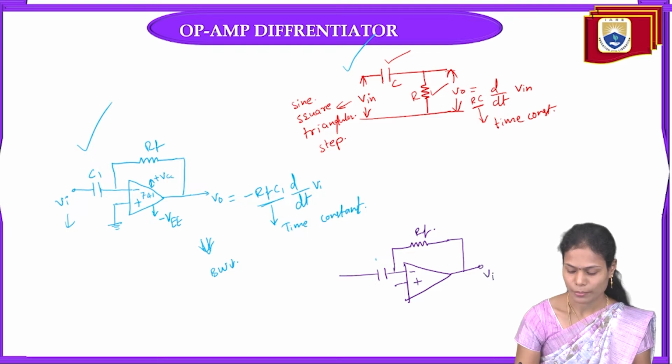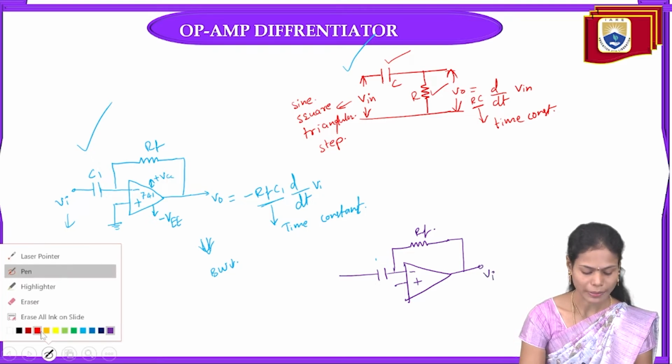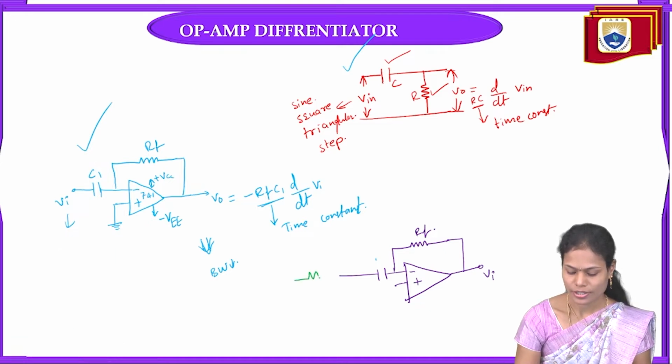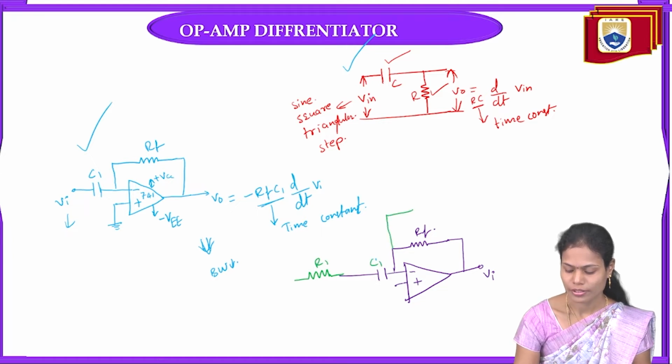This is the normal ideal differentiator. To make it practical, I add one extra resistance R1 in series with the capacitor C1, and one more capacitor CF in the feedback.